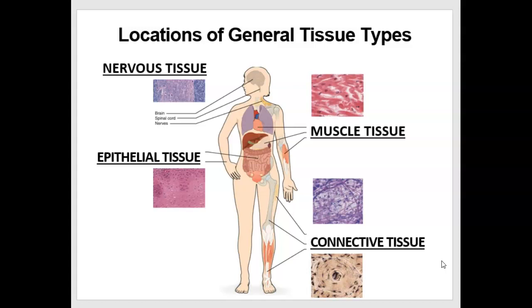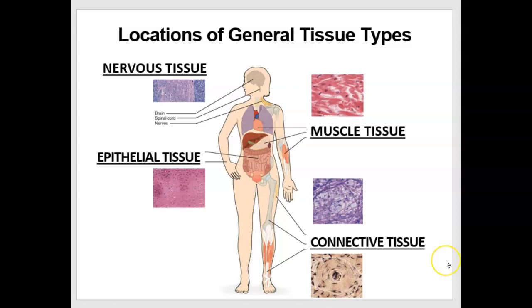Epithelial tissue is found lining organs inside the small intestine, also lining the outside of our body, our skin, and your lungs are made up of epithelial tissue. There's not muscular tissue in lungs, just epithelial tissue. And then connective tissue is found in many places. An example of connective tissue would be bone. That's shown in the bottom picture. And then ligaments, tendons, and also underneath the skin.